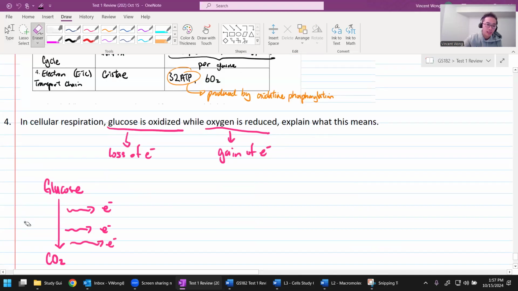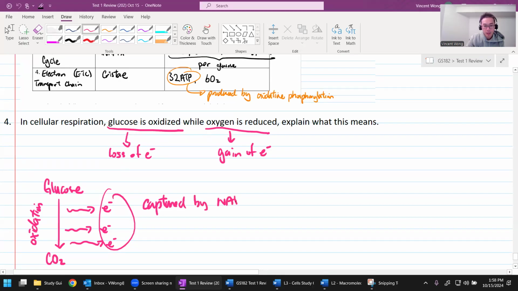So that's why this is called oxidation. All these electrons are captured by NAD plus and some FAD. And then they become NADH and FADH2.